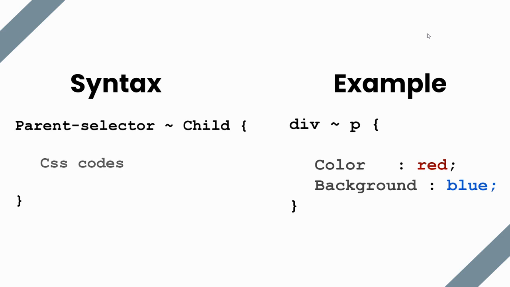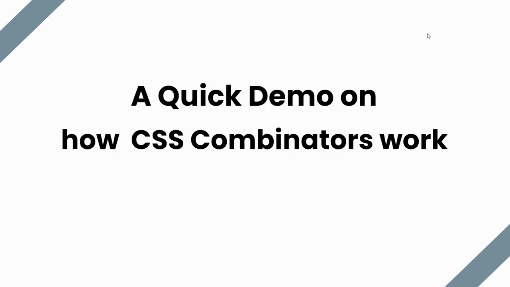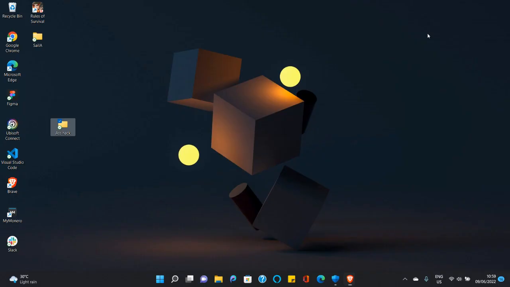So this would only style the elements that come directly next to the specified element. Whatever p tag comes directly before a div tag and directly after it would get styled in this particular selector. So without wasting much of our time, let's try this out on VS Code and we'll see how they all perform in their different ways.